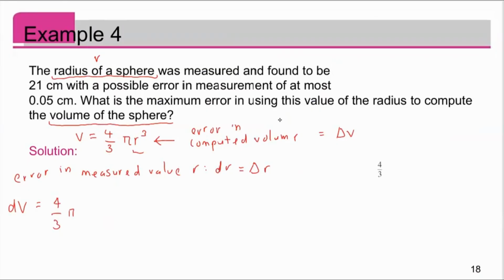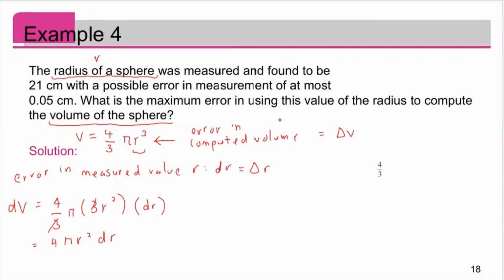This is just a constant. So you have 3r squared, and then you multiply by dr. Here you can cancel one another, so what is left is 4 pi r squared dr. This is from the formula dy that we had earlier, now being used as dV.